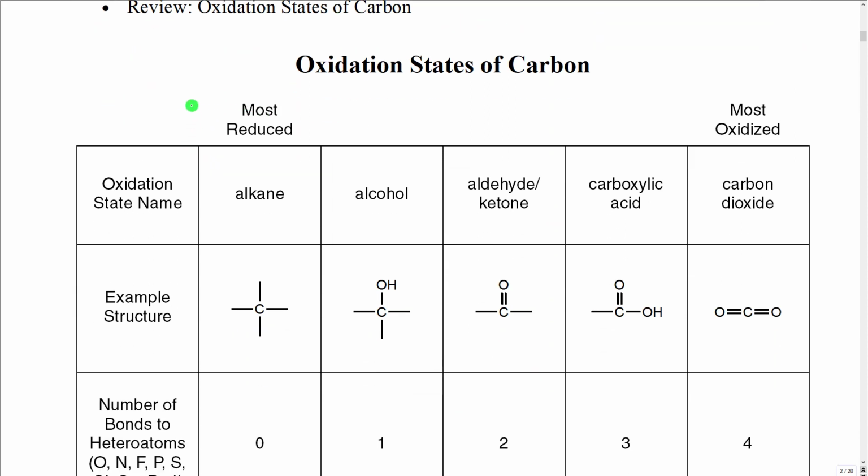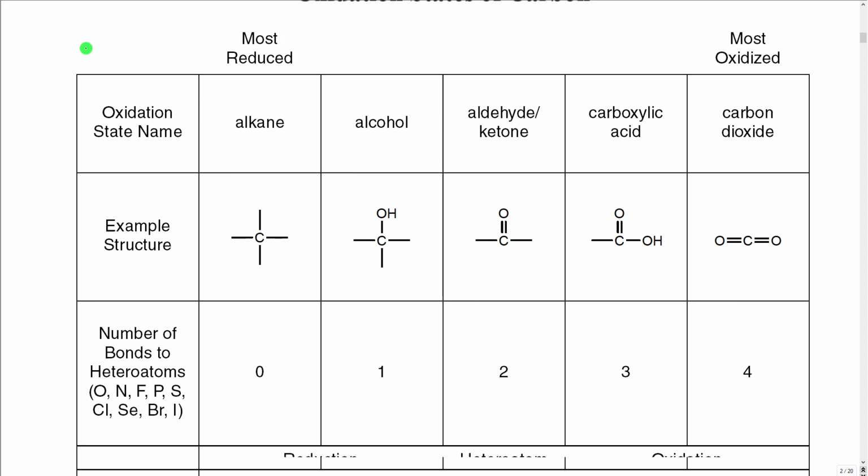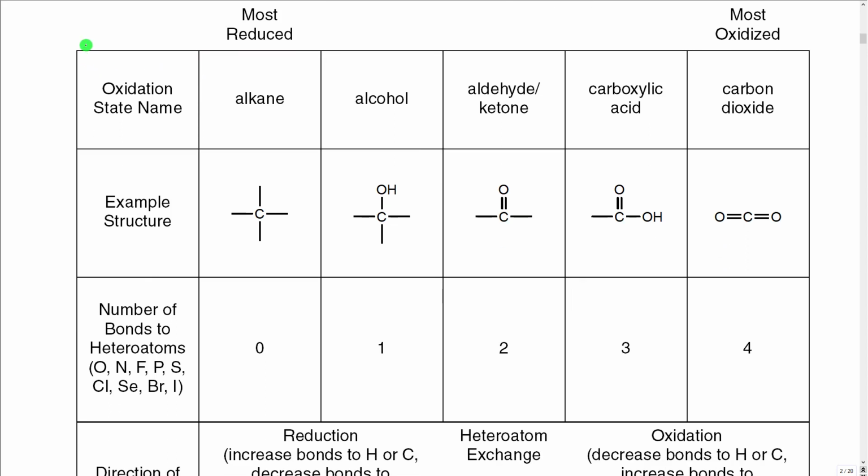We're now going to quickly review the oxidation states of carbon because the oxidation states provide a roadmap for many of the reactions that we're going to look at going forward. We are not actually going to calculate oxidation numbers for the central carbons, although this can be done.